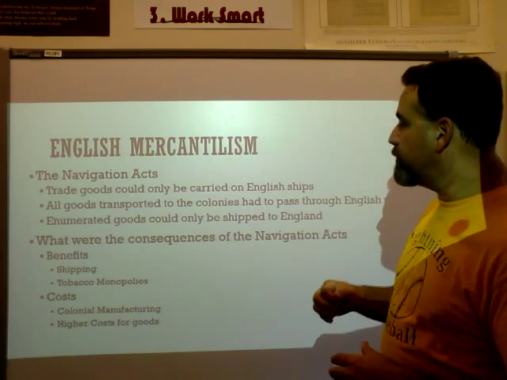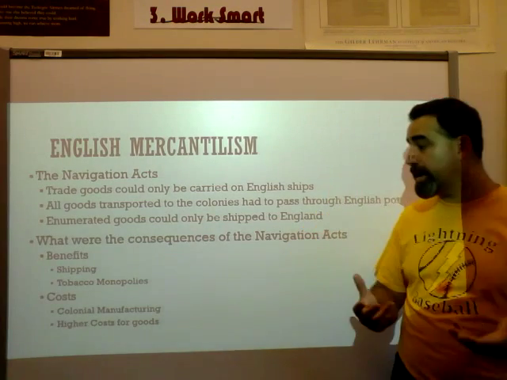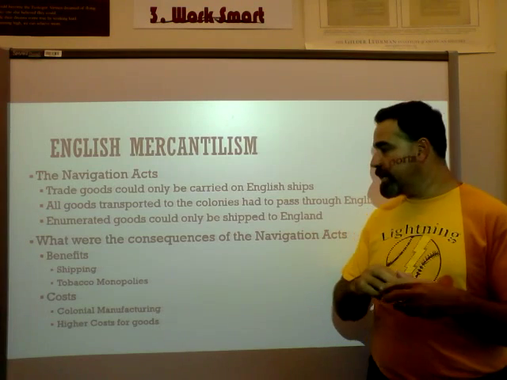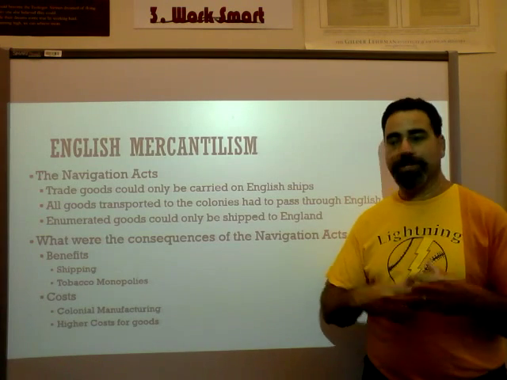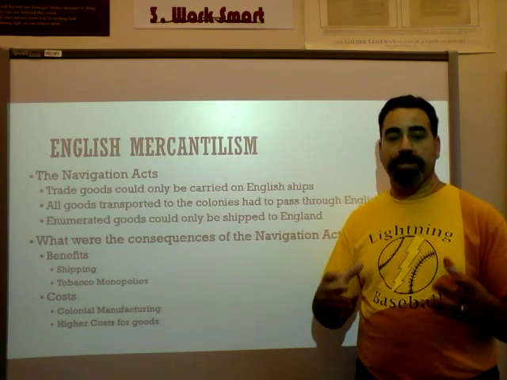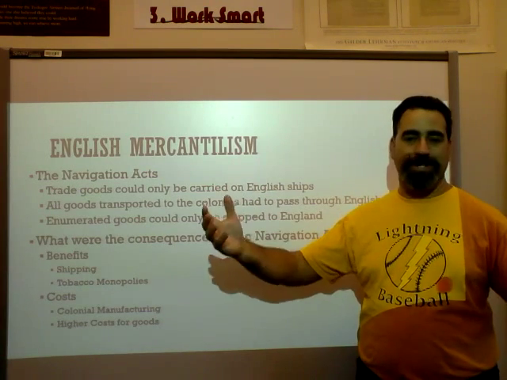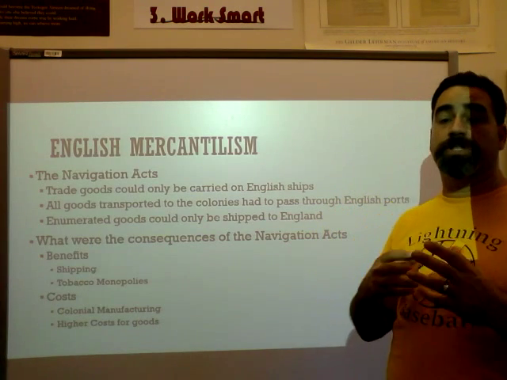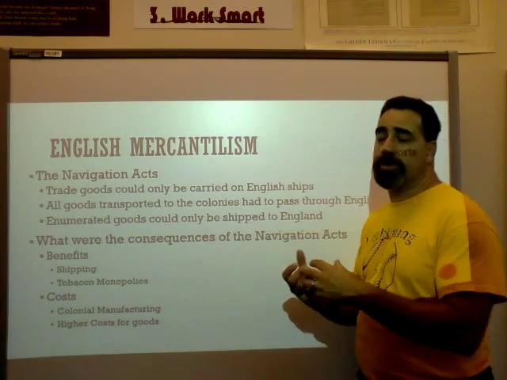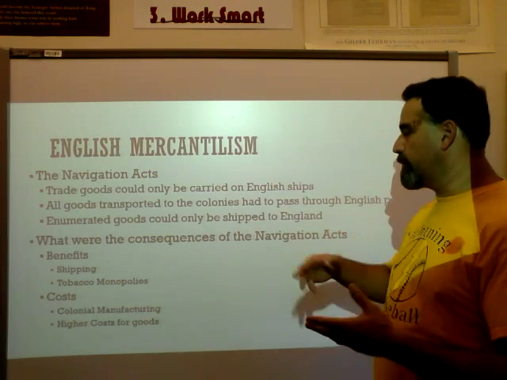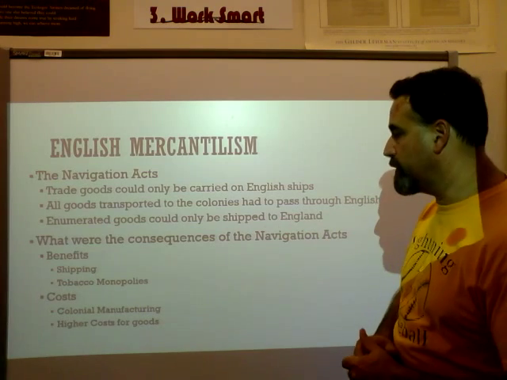And there were certain enumerated goods, such as tobacco, that could only be shipped to England. And of course, this list of enumerated goods gets longer and longer as time goes on. These are things that the English decided were either too valuable or too important to English interests to let other people have them. So these were goods that had to be shipped to England itself.